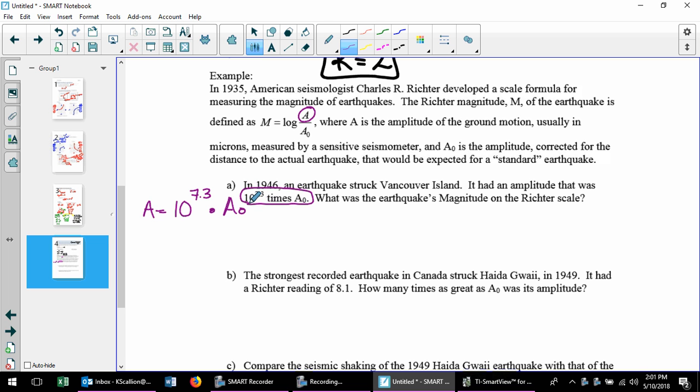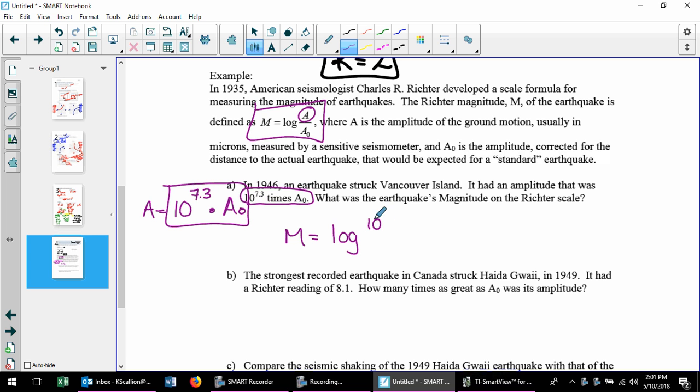So now what we're going to do is substitute all that information into the formula. So m is equal to log. What's the base on the log? 10, because it's not stated. So if it's not stated, it's 10. We said that the A we're going to replace with this.